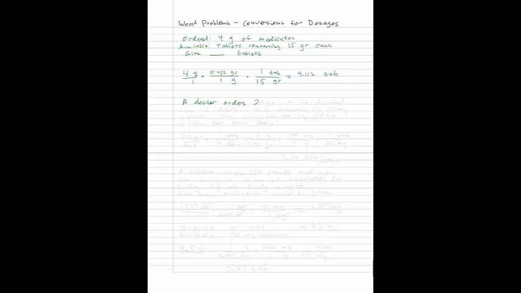Okay, so looking at another example, let's say a doctor orders 20 grains of medication to be divided into 4 doses. It is available in 100 milligram tablets.